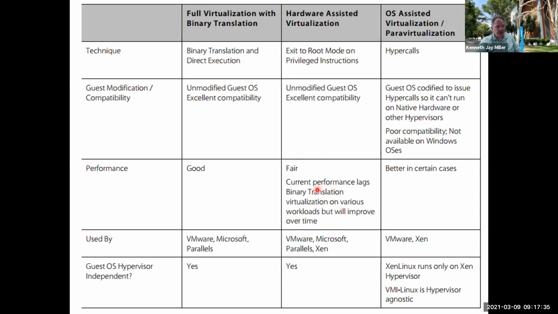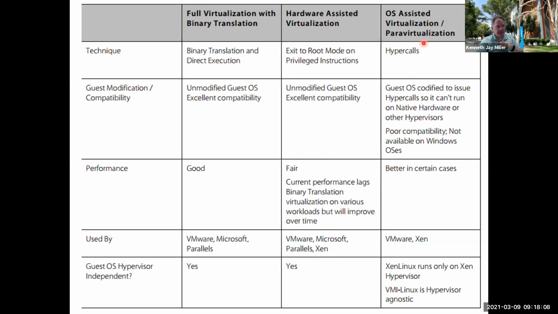The performance is fair, but the current performance lags binary translation virtualization on various workloads, but will improve over time. And this has come very true. As the HAV code in the CPU has gotten better over the generations of CPU design, the performance has become very, very good. This is used by VMware, Microsoft Parallels, everybody uses it. And the guest operating system is independent.